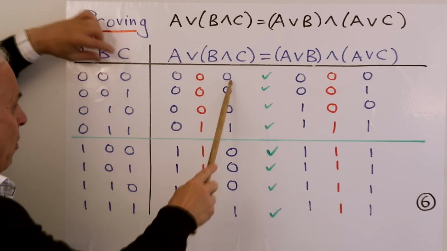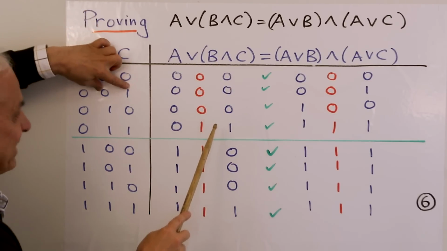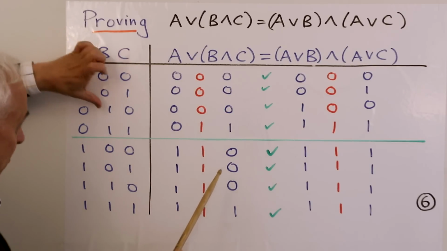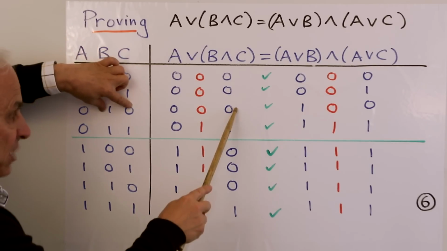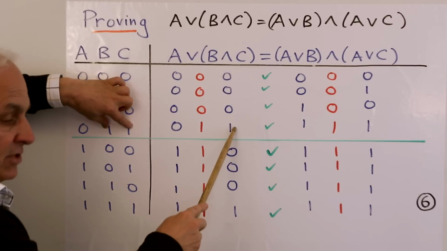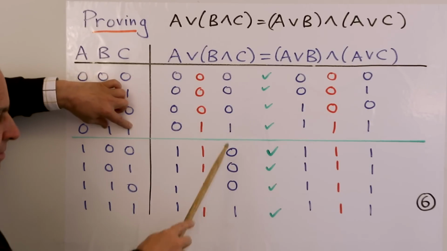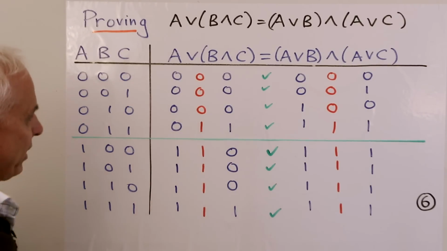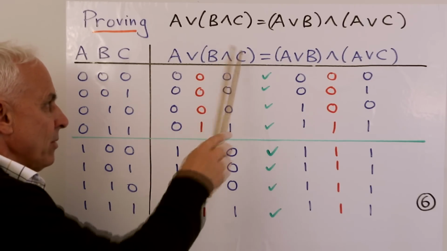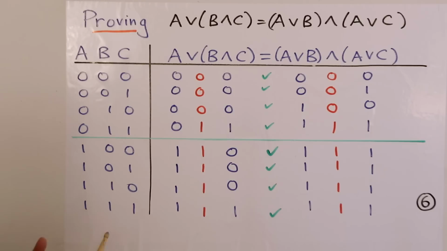No. What if it's not in B but it is in C? Is it in the intersection? No. How about if it's in B and not in C? Is it in the intersection? No. What if it's in B and it's in C? Is it in the intersection? Yes. Okay, so we have a 1 here, and this is just the operation of B wedge C in our previous language.